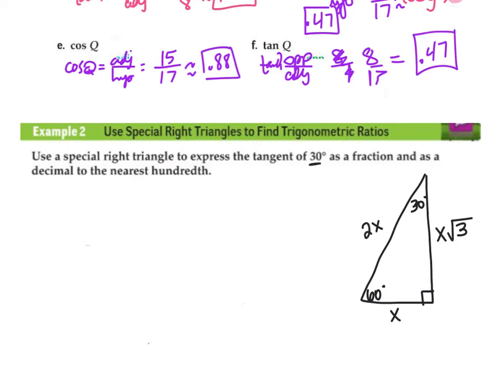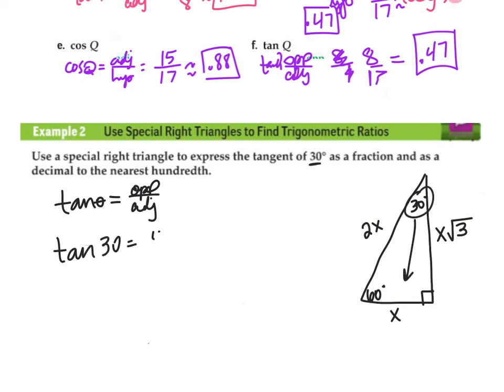If we want the tangent of 30, we know that tangent of any angle is the opposite over adjacent. So the tangent of 30 degrees would equal the opposite, which is x, over our adjacent, x square root of 3. Our x's will cancel, leaving us with 1 over square root of 3. Now we need to rationalize the denominator.